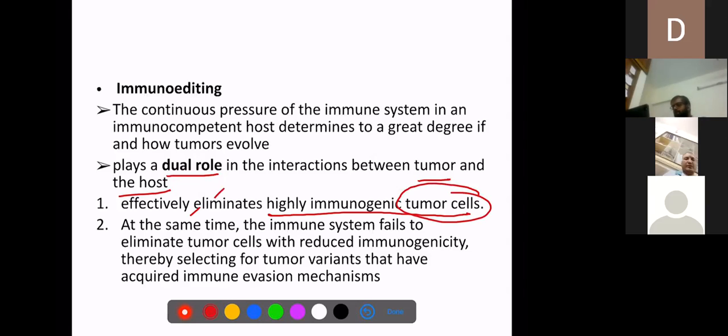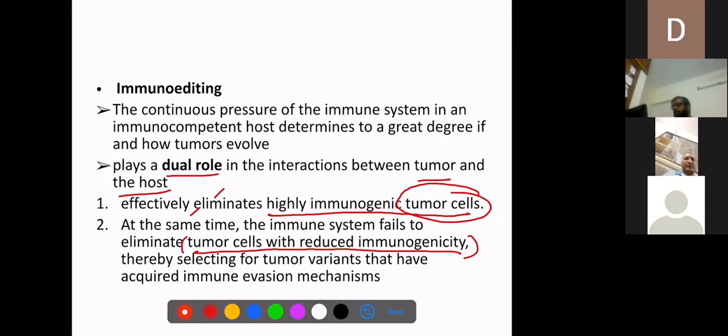This is the protective role. At the same time, the tumor cells disguise themselves. For example, a T cell comes and asks, hey, why do you come? You are a tumor cell, you are not a normal cell. Why do you come now and get lodged in the normal environment? The cell says, I am not a tumor cell, I am a normal cell. They disguise themselves like a normal cell so that the immune system fails to recognize the tumor cell as a tumor cell.